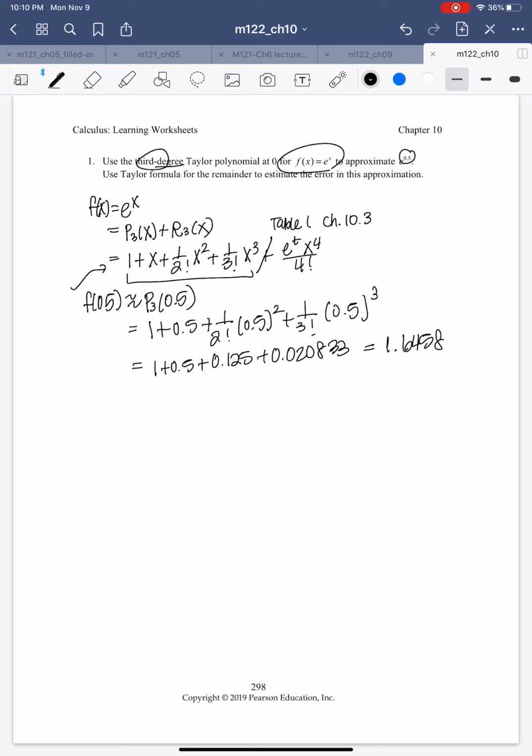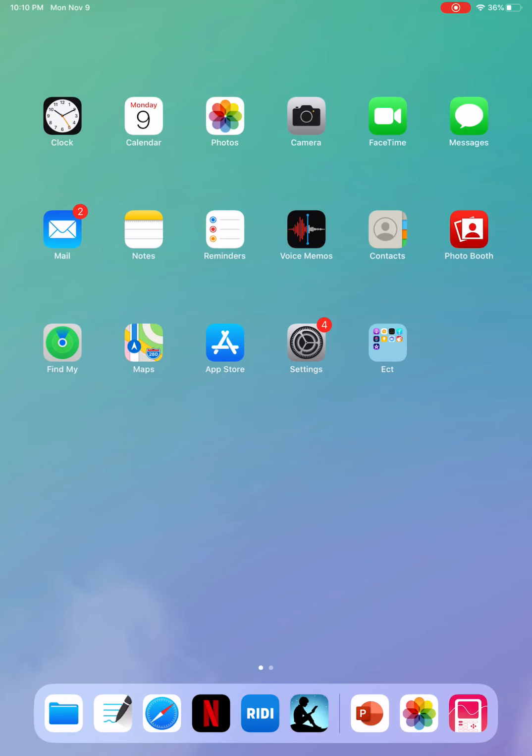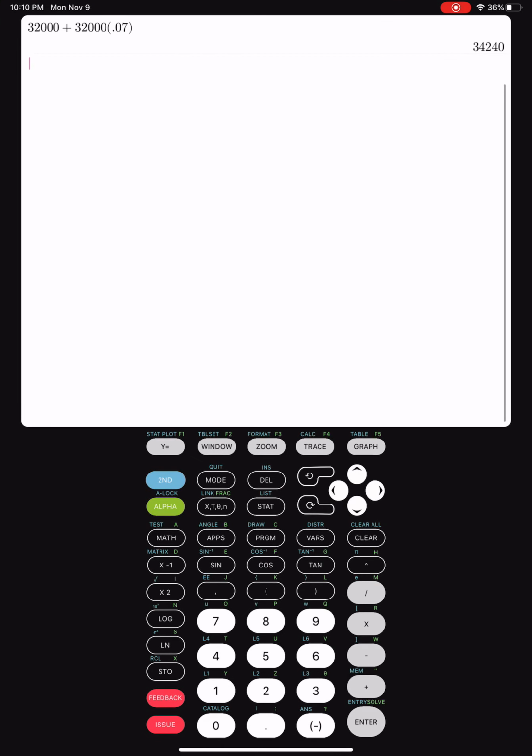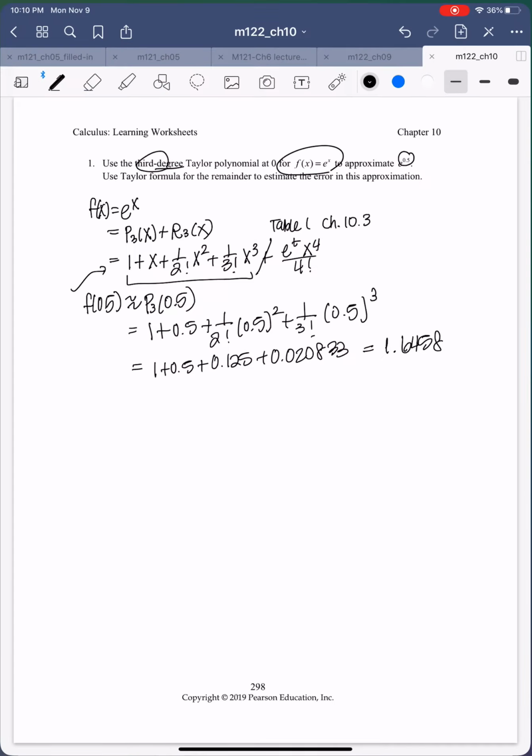So nothing too different from 10.1. Now, if you want to check, e raised to the 0.5 is 1.6487.